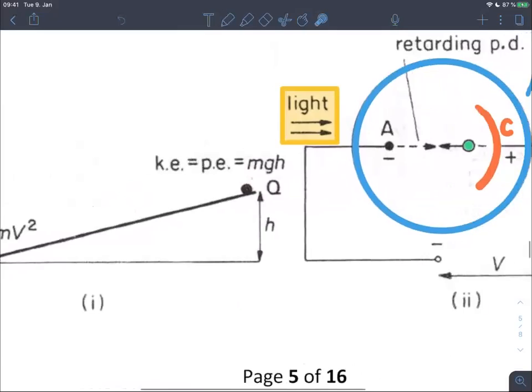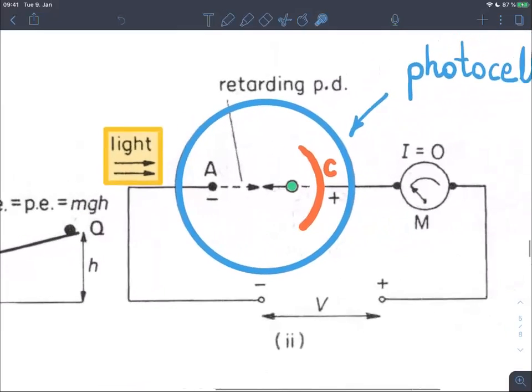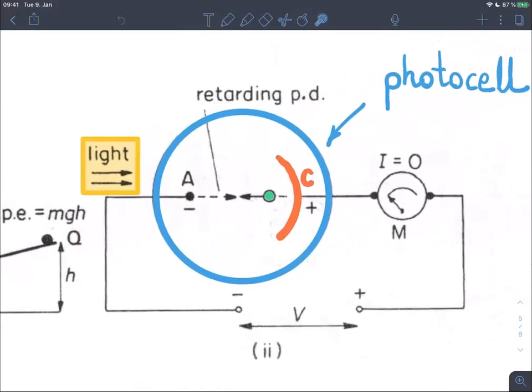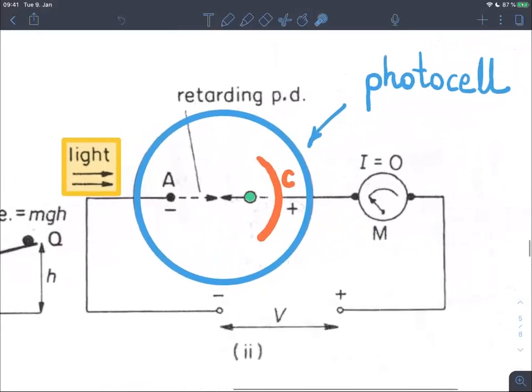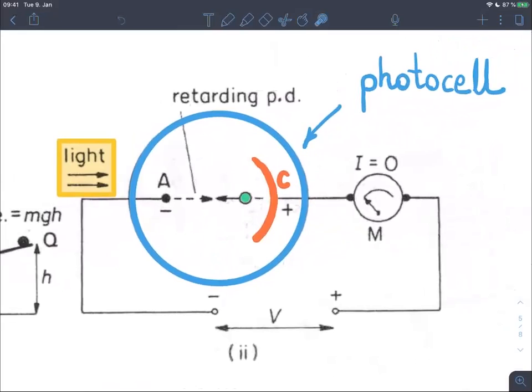Now, this experiment will not involve inclined planes, but rather a photocell, which consists of an evacuated glass bulb with two connections, A and C, one of which is a metal surface, which is here shown in orange.